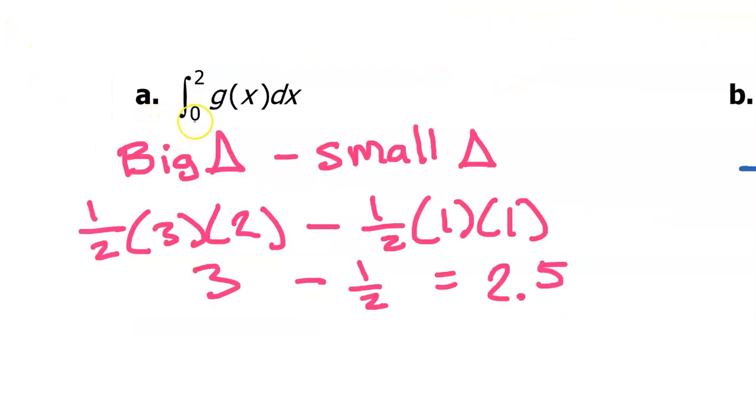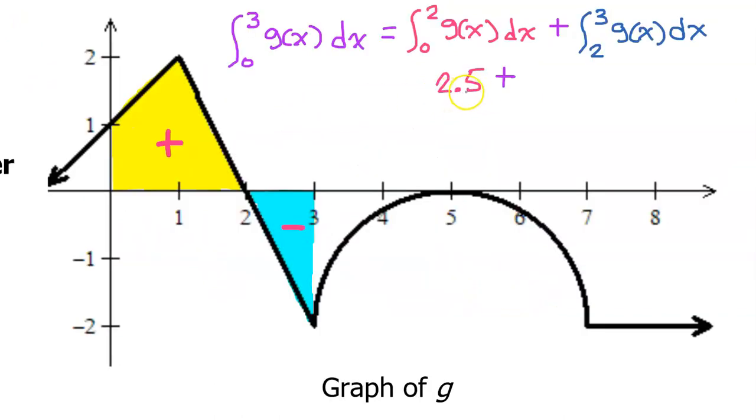Back in part A, we worked out that the integral from 0 to 2 is 2.5. So we have 2.5 plus this blue area. This is a triangle, so we're going to do 1/2 base times height. The base is 1 and the height is 2. So 1/2, 1 times 2. Because this is a negative area, it's below the x-axis, then this will be negative.